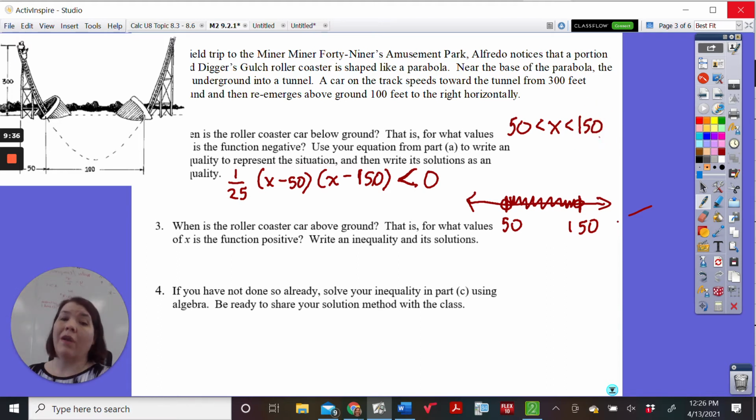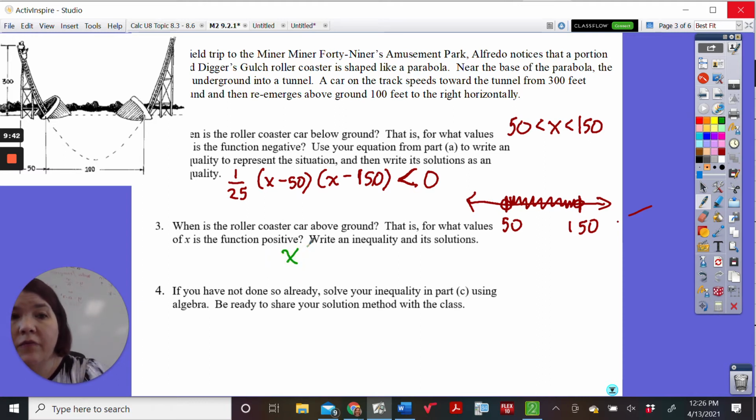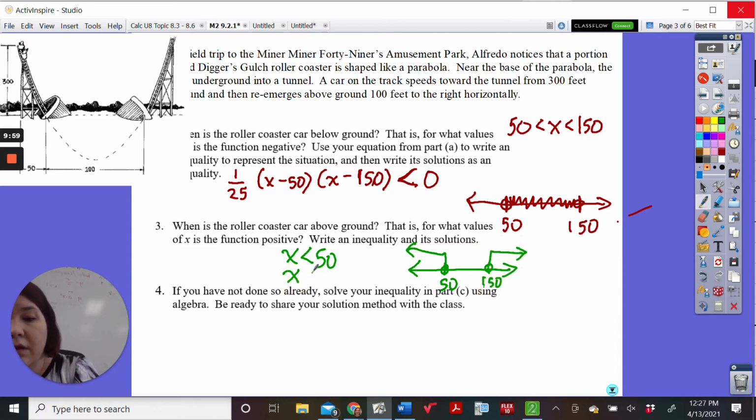Okay. When is it above the ground? So it's above the ground when x is smaller than 50, like in my picture, 50 over there, right? And when x is bigger than 150. Now, it can't be both at the same time, so we're going to use the word or here.